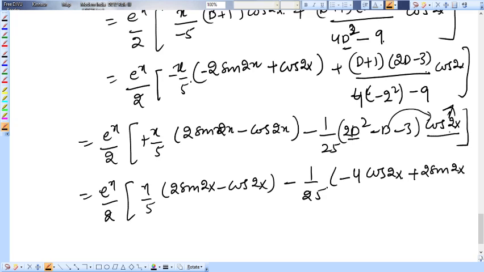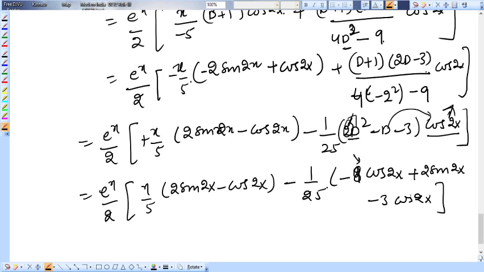Okay, because differentiation of cos 2x is equal to minus sin 2x, right? Then minus 3 cos 2x. Okay, sorry, it would be 8, because I just messed this 2 here. Okay, so 2 into 4, which is 8. Okay, so minus 8 sin 2x.